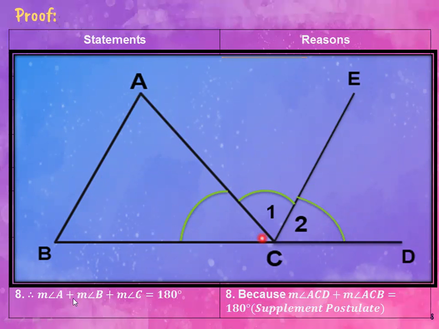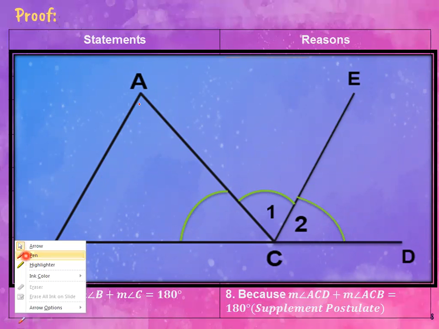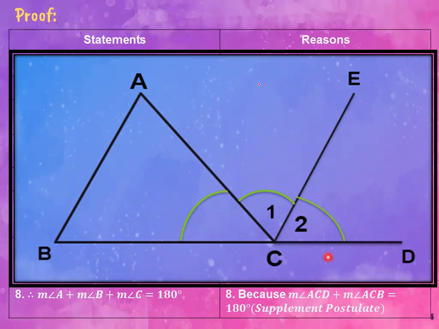So this is the supplement postulate. Now how is it a supplement postulate? Look at here. I'm going to draw this ACD here. This is ACD, A, C and D. And if I draw a straight line here, it will become ACB.